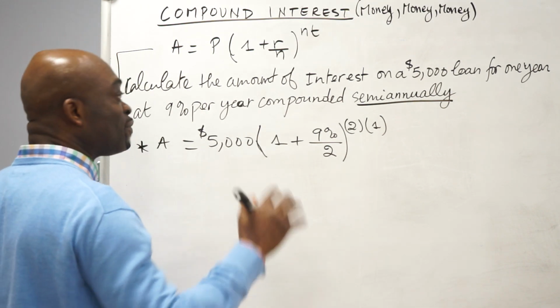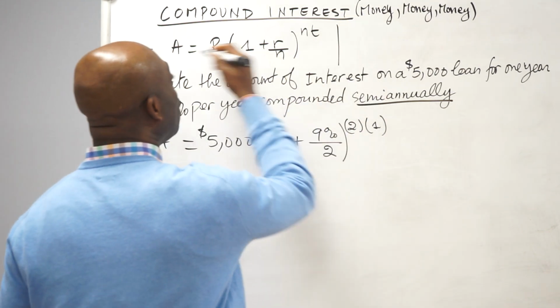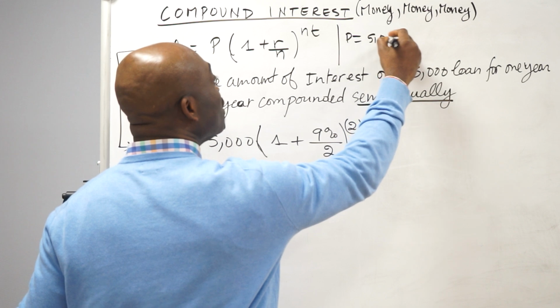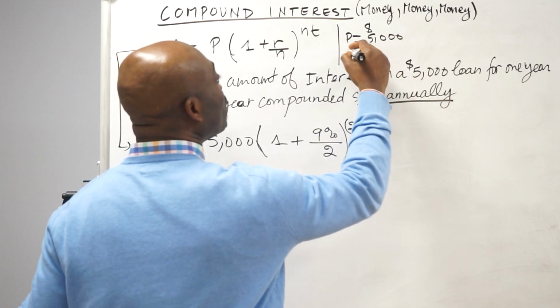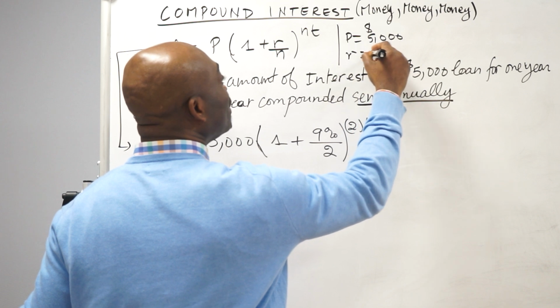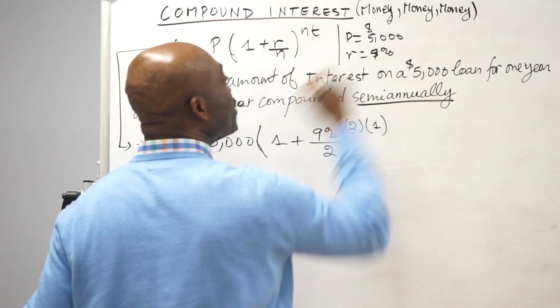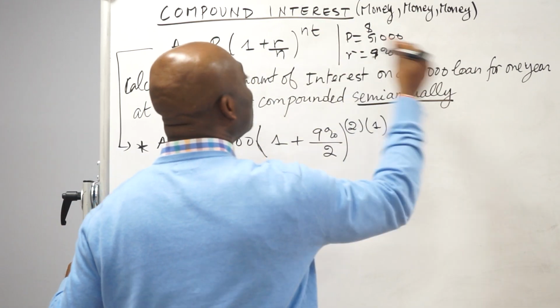Sometimes what you can also do is put everything that you know on the side. You know P, which is 5,000. You have the rate, which is 9%. What else do we know?